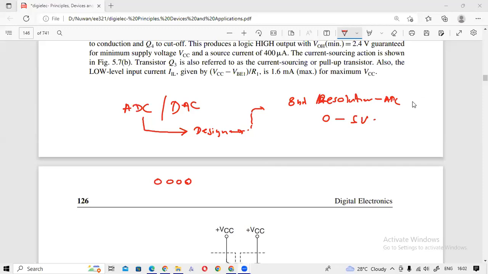You can write all the available combinations: 00000000, 00000001, 00000010, 00000011. Likewise, you can write all the resolutions.